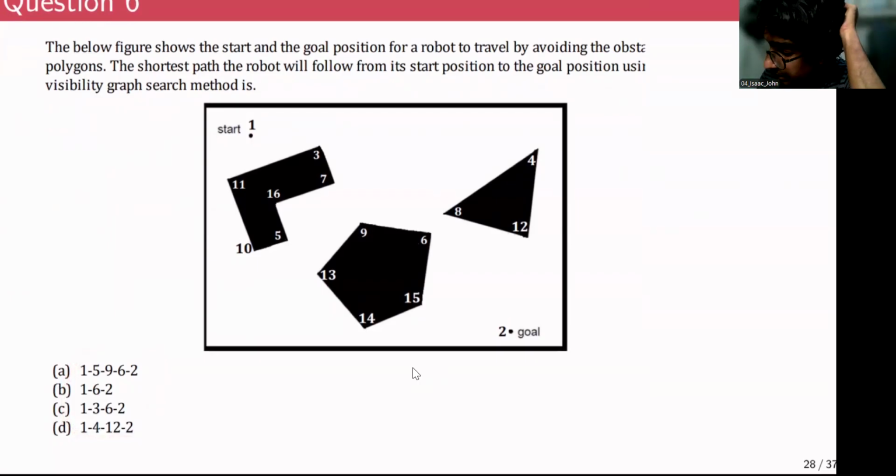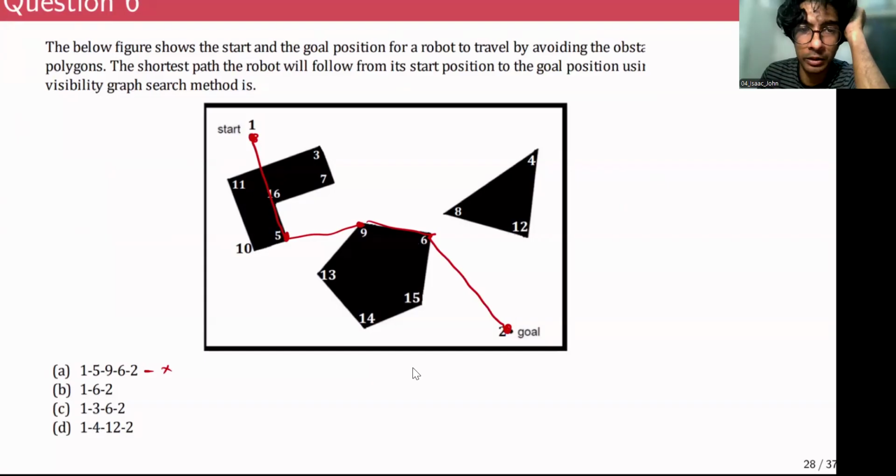The first path is 1, 5, 9, 6, 2. So 1, then it goes to 5, then 9, then 6, then 2. This is obviously false, because it cannot go from 1 to 5, as there is an obstacle in between.